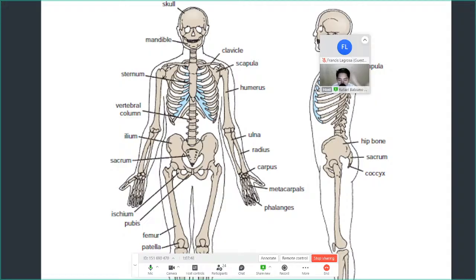How do you remember which is which? The radius is on the thumb side. Take note. On your thumb side, this bone right here is the radius. On your pinky side, the bone here is the ulna. Radius, thumb side; ulna, pinky side.